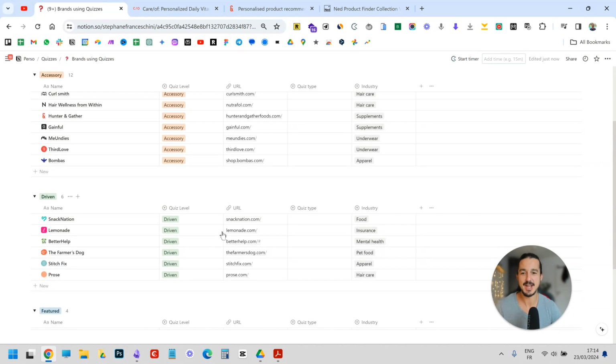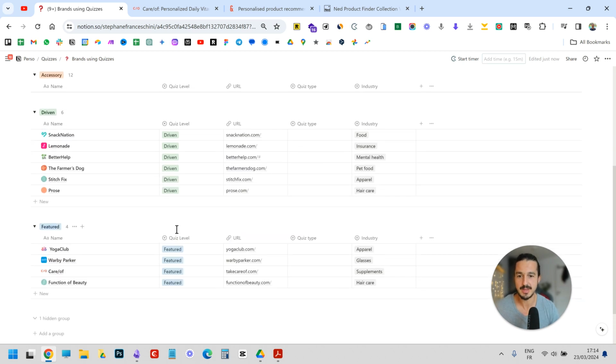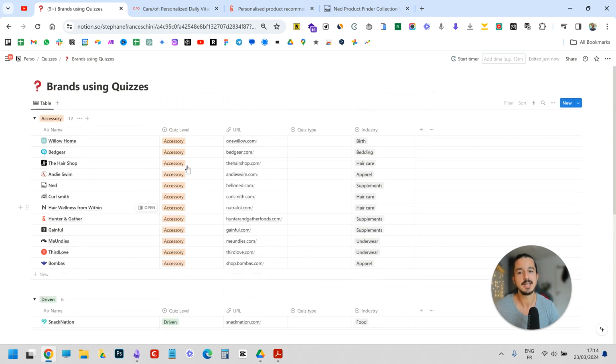My point before I show you those is that often you will see a quiz built by a brand in this category, but because it's not a performing quiz, because they didn't go deep into the thinking of the quiz, they didn't respect some rules that are really important in how you build a quiz, it started here and then it became accessory.